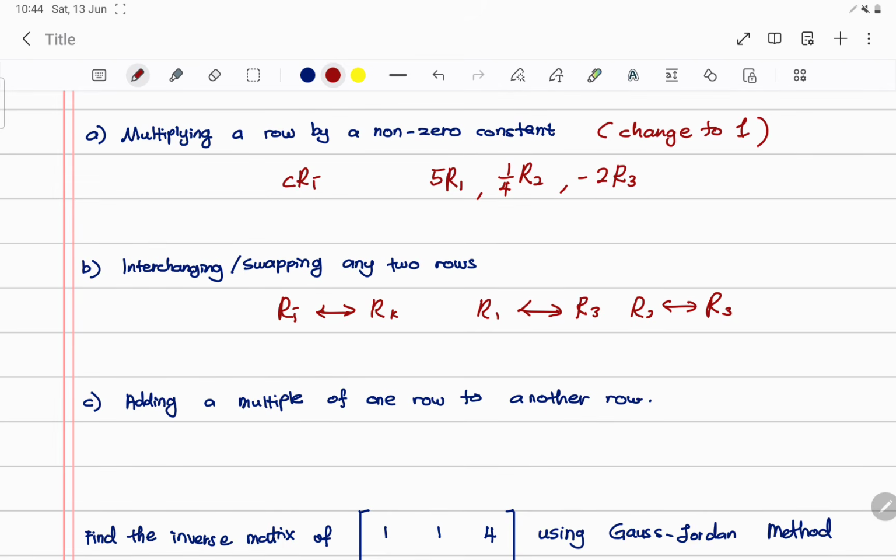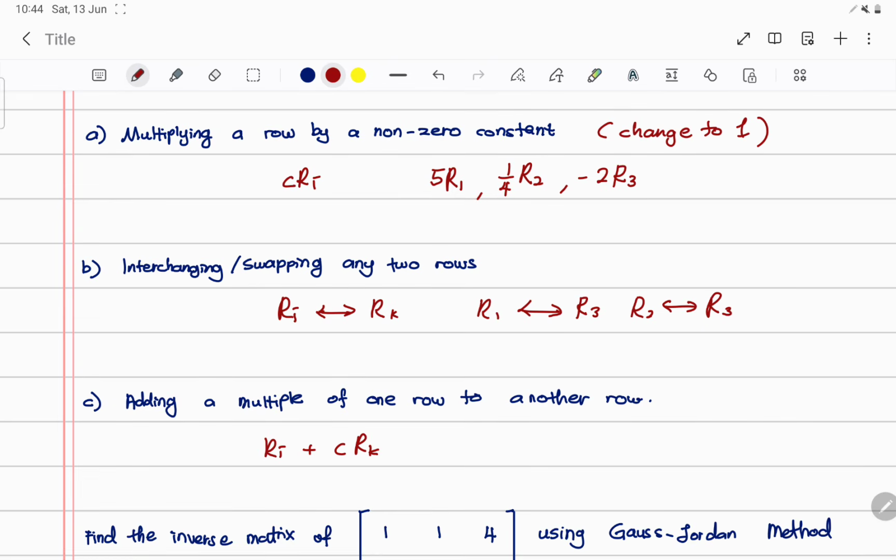The next one is adding a multiple of one row to another row. So we have Ri plus cRk. Ri is the row that we want to change, then you add a constant multiplied with a value from another row.